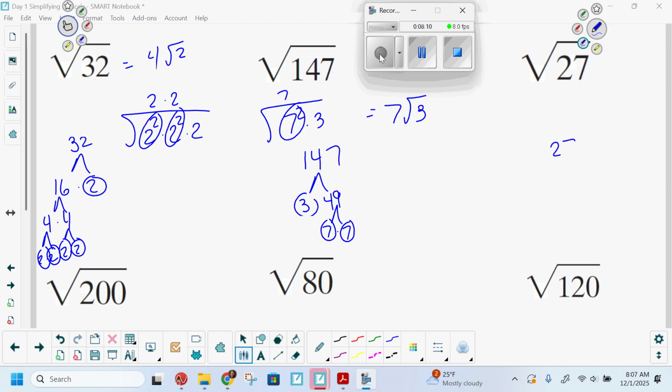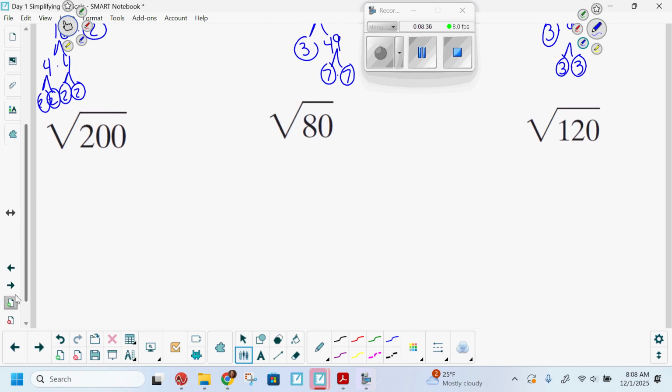All right, 27. We can break that down to 3 times 9, which is 3 times 3. So I've got 3 times 3 squared. I know that's the same as 3 cubed, but I want to make sure I have 3 squared so that I can show a 3 coming out. So 3 radical 3.